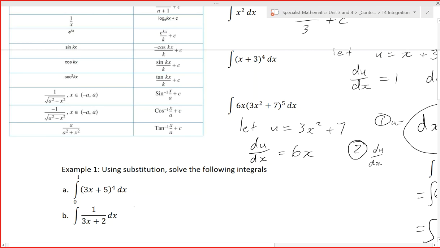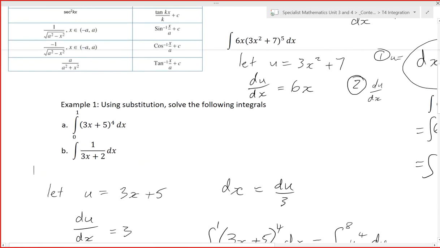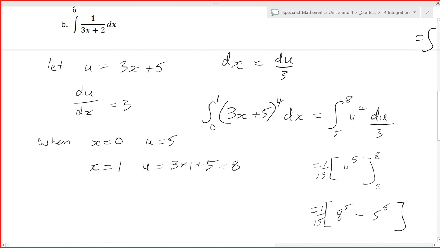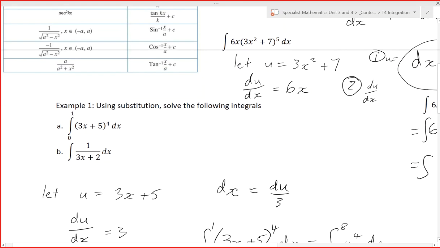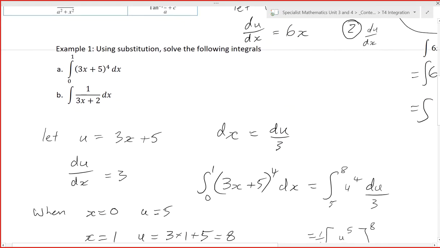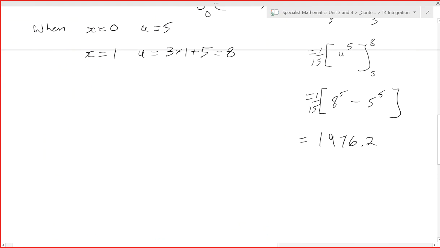So we've got to follow those steps, those 4 steps that I did before. Now this is an indefinite, so we don't have to worry about that substituting numbers in at the end. Okay, so we're going to let u equal to 3x plus 2. Again, we're going to find the derivative.